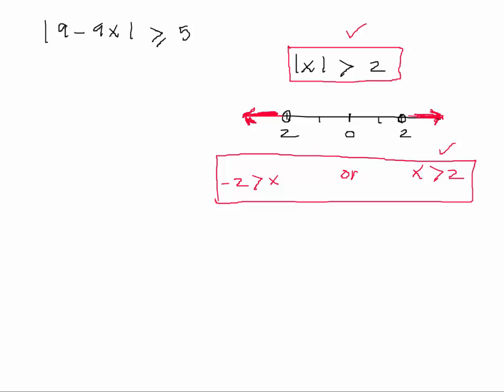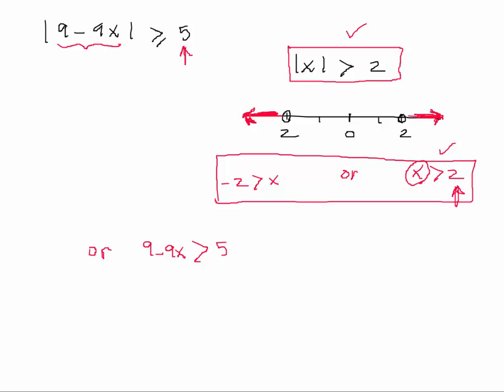So for this example here, my x is all this stuff here. In this example, it would be 9 minus 9x, which is my x here, has to be greater than, instead of 2, I have 5. So it would be 5.